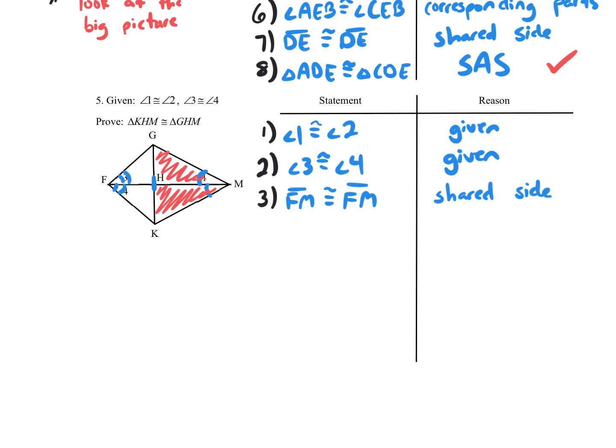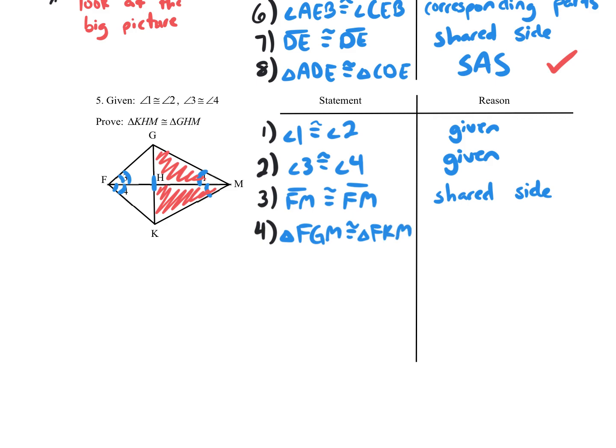Good. Do I have enough information to say the big picture triangles are congruent to each other? Can I say these triangles are congruent to each other? Yes, I can. So let's think about this. Triangle FGM is congruent to triangle FKM. What's our reasoning?